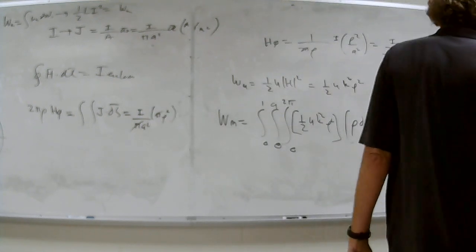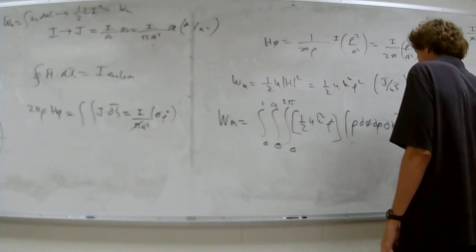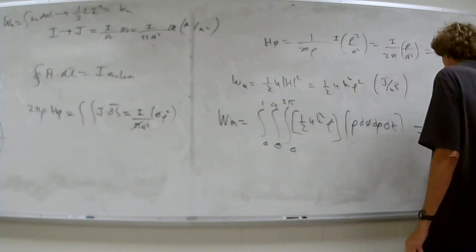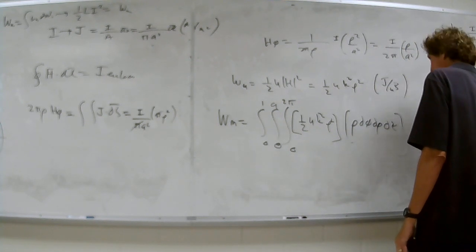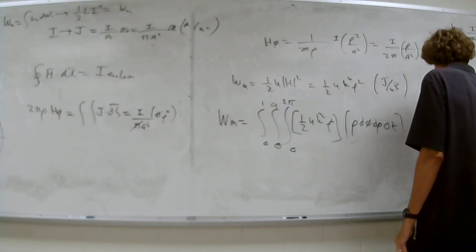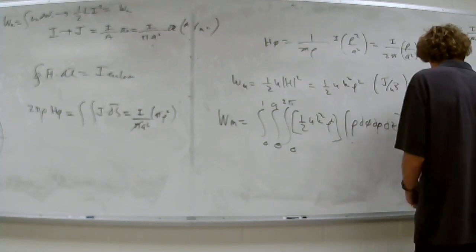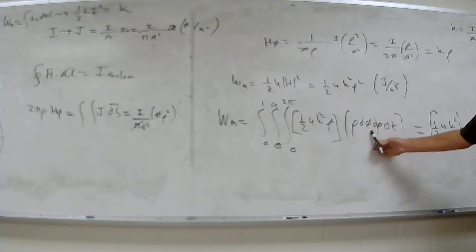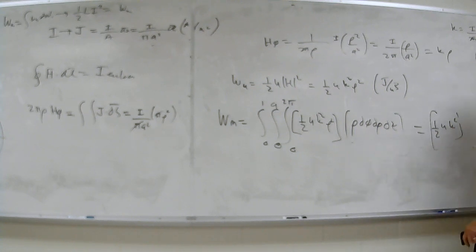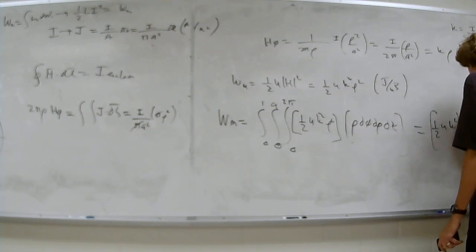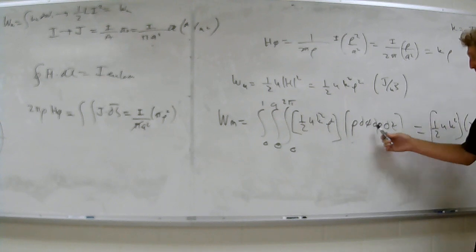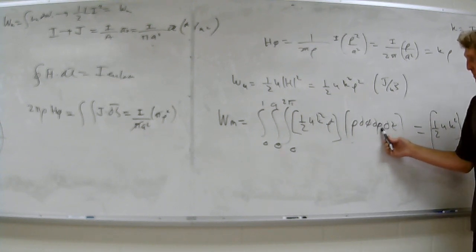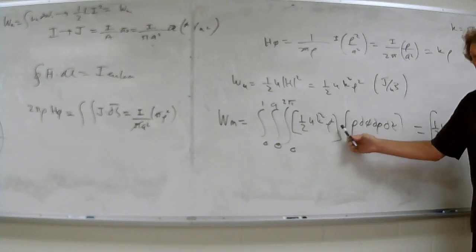Let's do it and see what we get. I'm going to take all the constants out in front, so I have 1/2 mu, and then k squared comes out in front. Now I do the d phi integral from 0 to 2 pi, and I get 2 pi, right? Now I do rho, but notice I have rho cubed here, don't I?